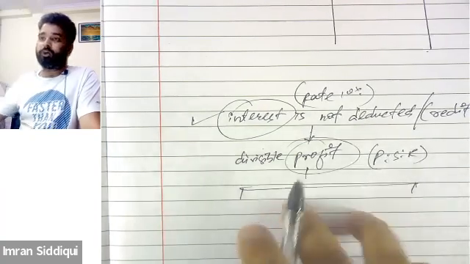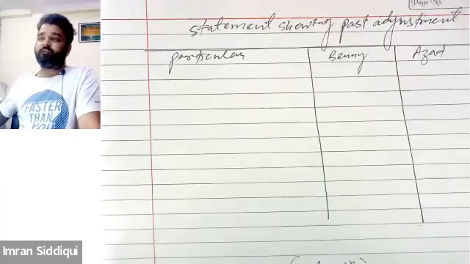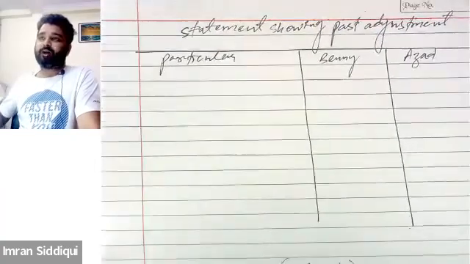So now in order to correct, we will prepare a statement which is known as a statement showing past adjustment.